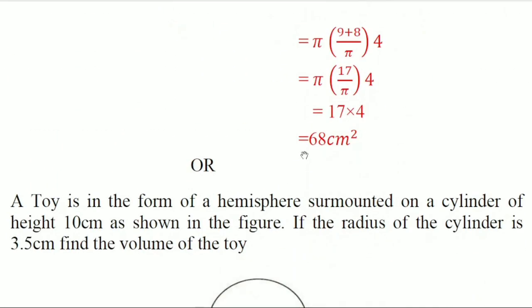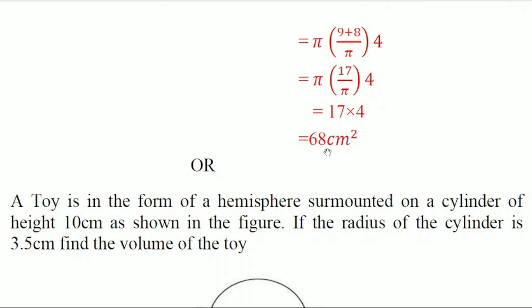So directly we can add the numerator. So pi into 9 plus 8 divided by pi into 4. So pi gets cancelled. So 9 plus 8 how much is there? 17 is there. So 17 into 4. 17 4s are how much? 68.